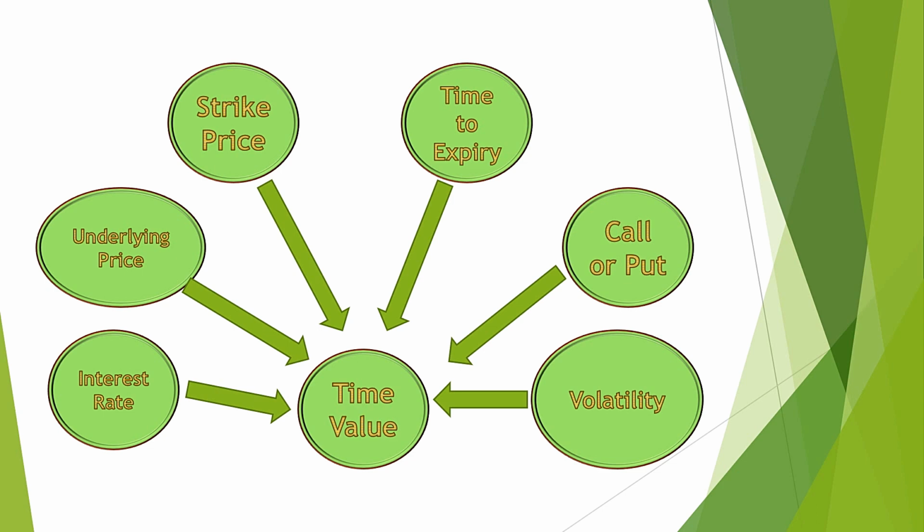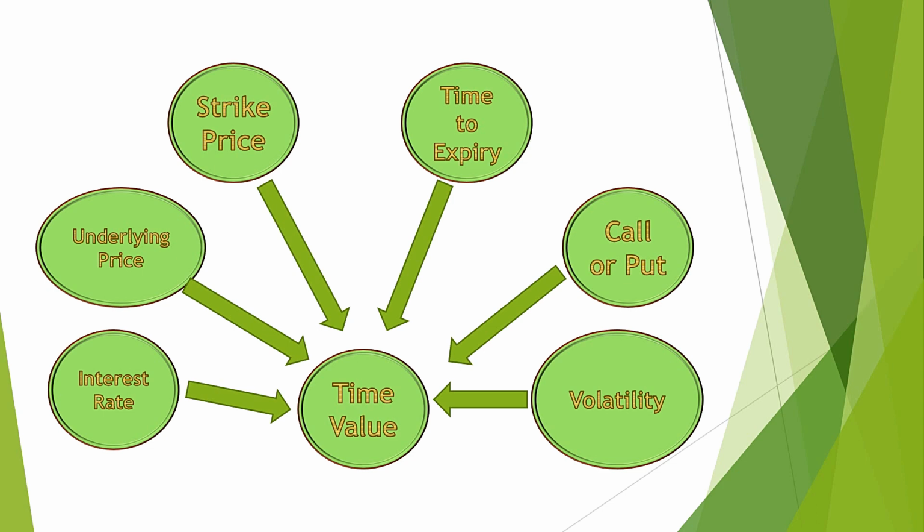Another factor affecting time value is whether it is a call option or put option. Fear and dividends make calls and puts to be priced differently. When there is more fear, what will get more affected? Call or put?